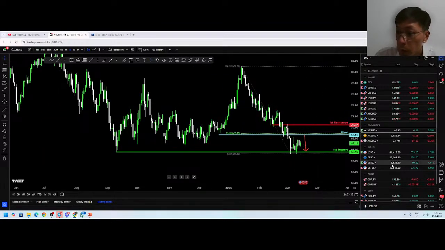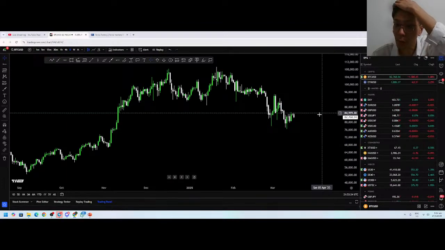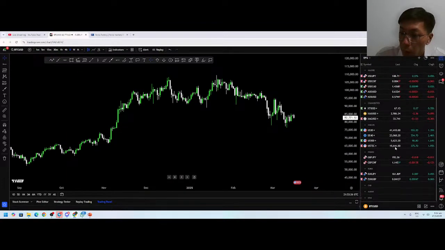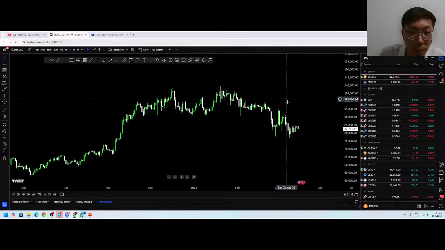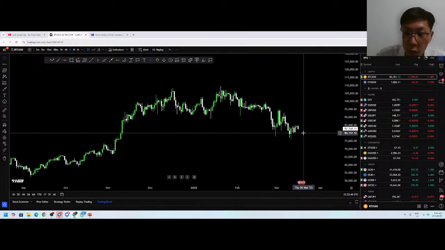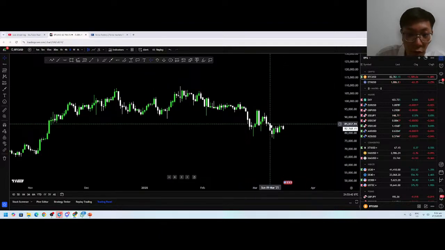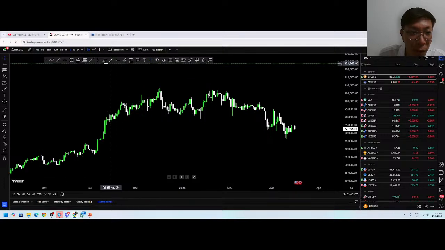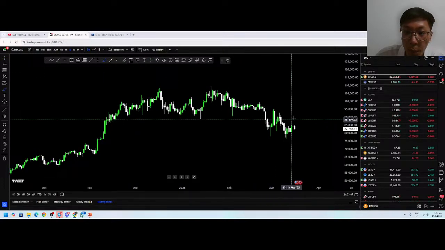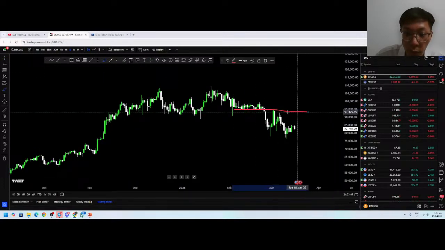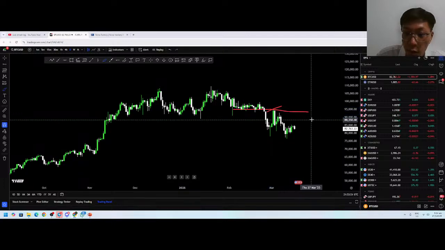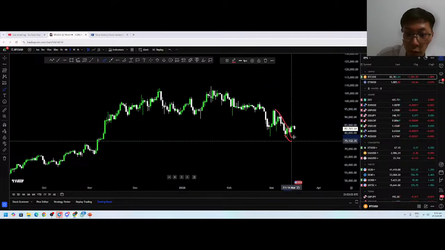Alright, then the last thing that I want to go through is BTC USD. Right, let's go through BTC USD, because as of right now, BTC USD has actually been making a lot of moves, especially at this area right here, where it had such a nice sell opportunity towards the downside.